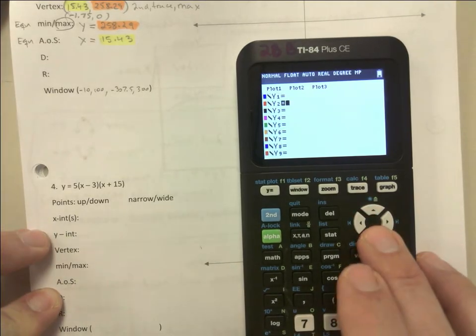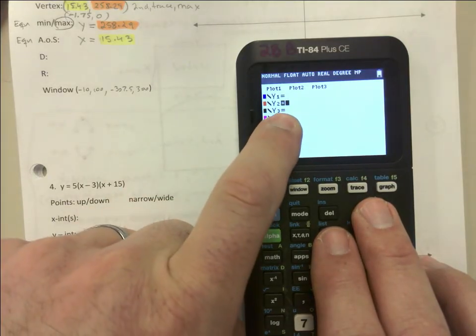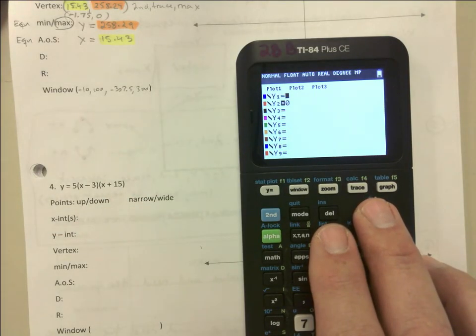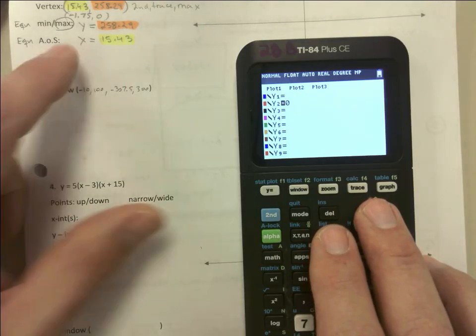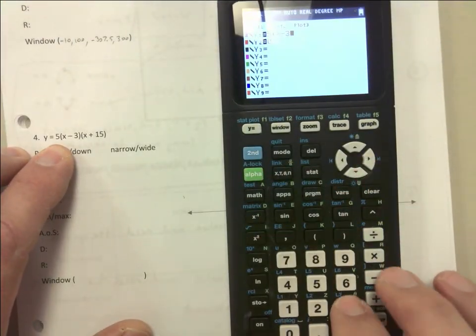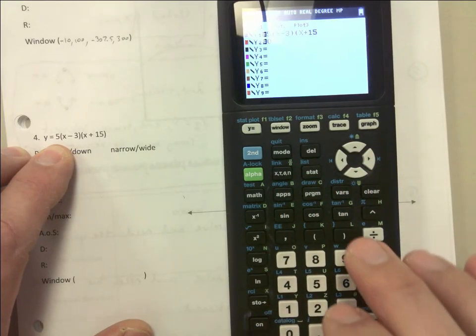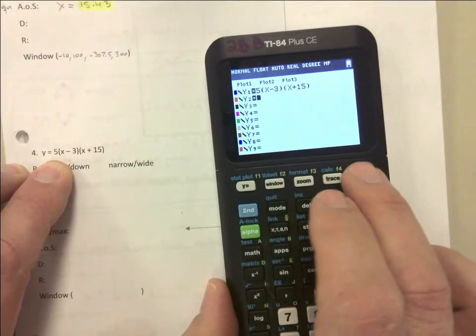So I'm just quickly gonna, another trick, I'm just letting y2 equal to 0. I'm not even clearing it down the road because you're gonna need it anyways, okay? So type in 5x minus 3, and this is x plus 15. And if you did this already, you're just sitting back and relaxing, right?